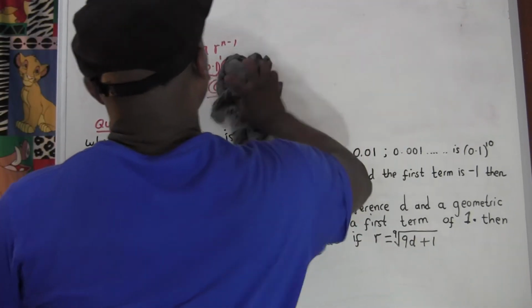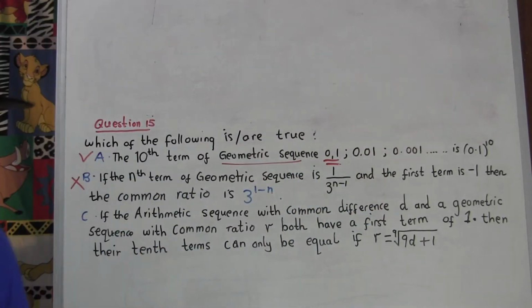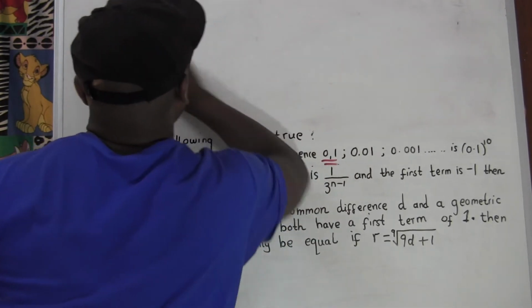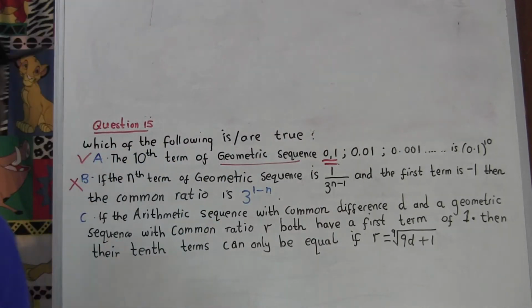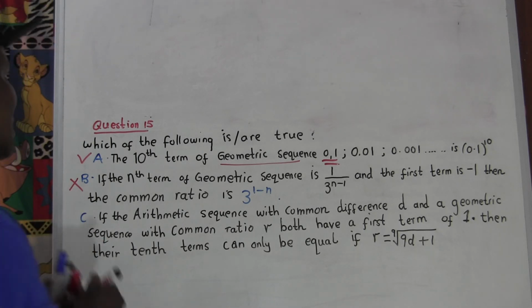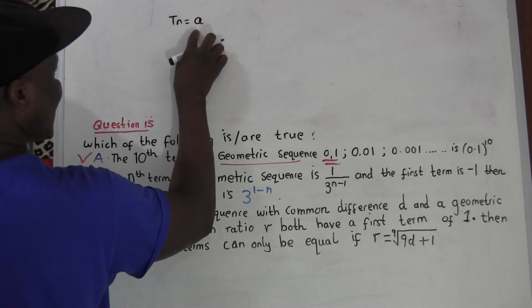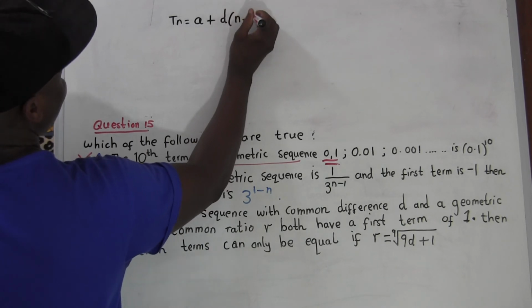So for the last one here, okay, for the last one, let's say if the arithmetic sequence. Whenever they talk about arithmetic, you only know how to find the common difference, but also you get Tn. So if it's arithmetic, the formula for arithmetic Tn is a, the first term, plus the common difference times n minus 1.